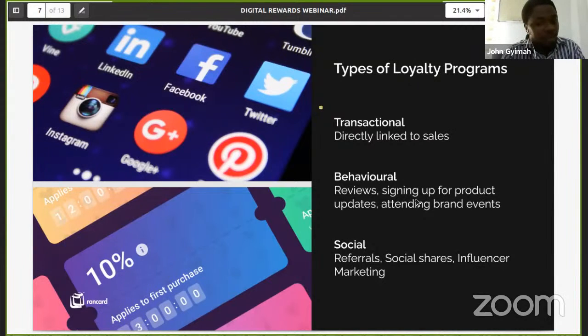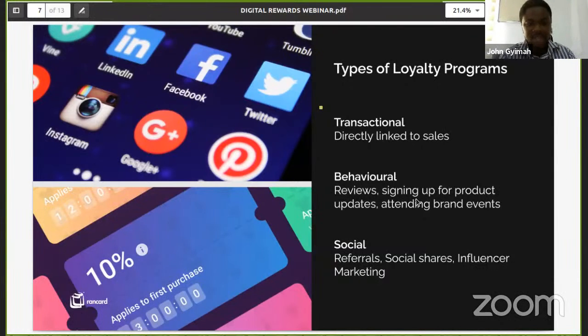We also can talk about brands rewarding consumers for attending specific events. We talk about all these and realize that none of these is actually tied to a purchase or a transaction. And this kind of loyalty reward increases customer engagement and builds more genuine relationships in the rewards that are offered.